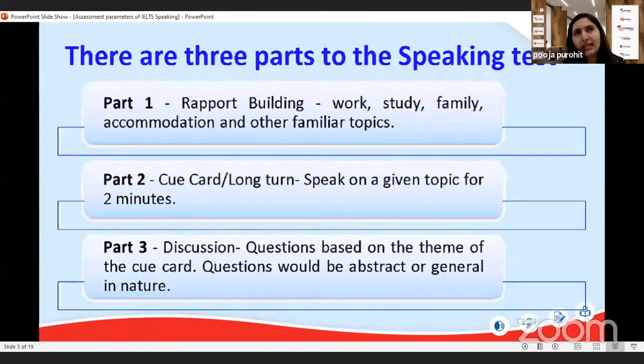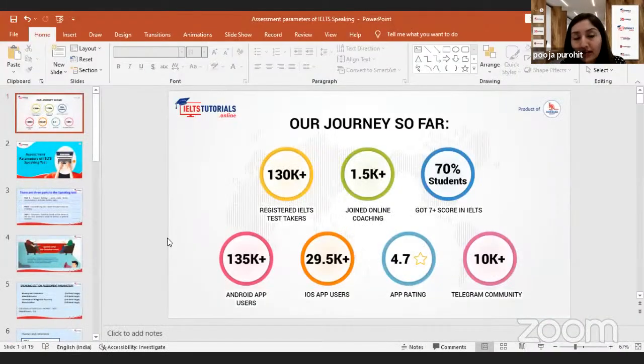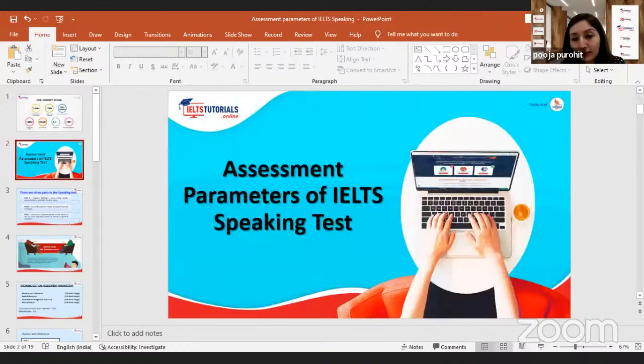So it's about an 11 to 14 minute conversation between you and the examiner, where the examiner asks you questions and you answer. But right now, I want you all to answer. Please tell me if anyone's aware of the parameters of assessment. What are you evaluated on? Does anyone know?